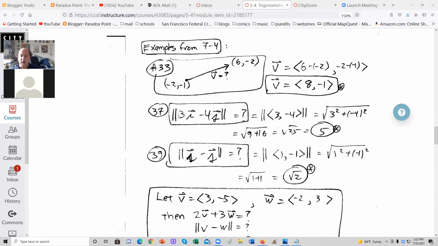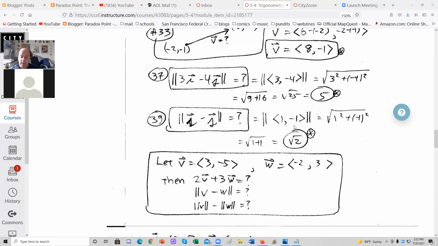Here's the length. Here we ask, what's the length of the vector 3i plus 4j? Length of 3 by 4. It's the square root of the sum of squares of components: the square root of 3 squared plus 4 squared. And okay, that's root of 9 plus 16, is root 25, is 5. The 3, 4, 5 triangle shows up again.